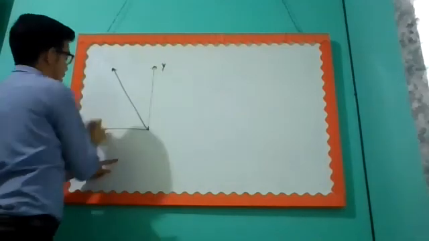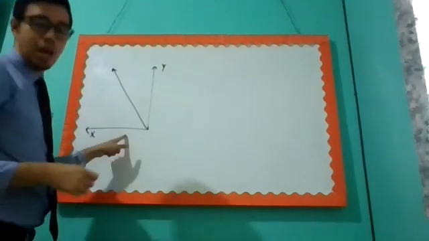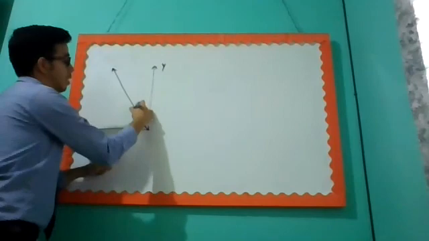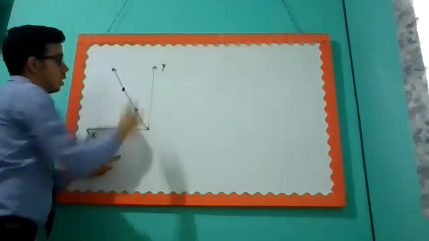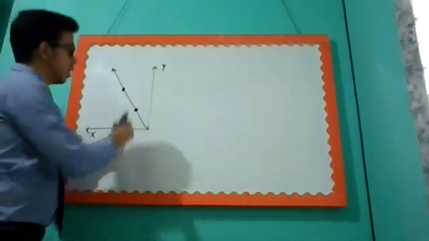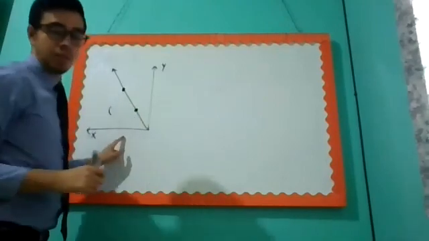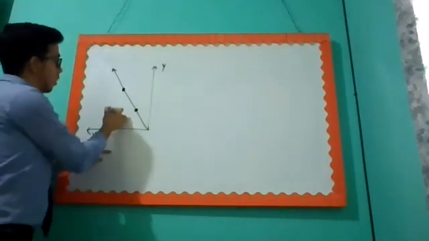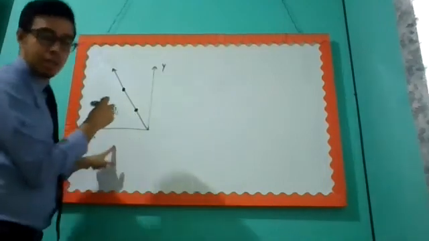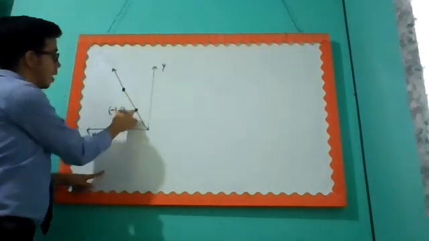This is y, this is x, and this is the point you have. You have 1 point in here and 1 in here. So watching at the grid, you can say that the first point is negative 1 for x and is 2 for y.